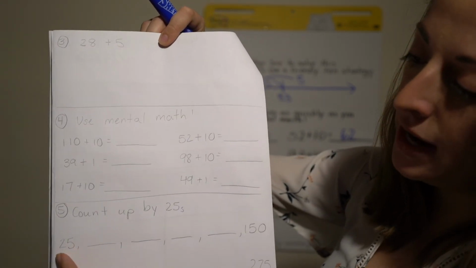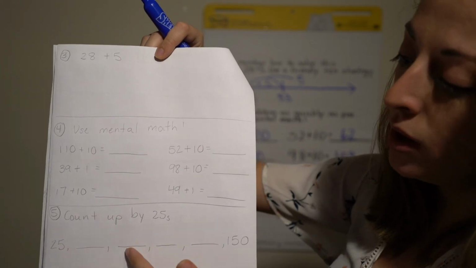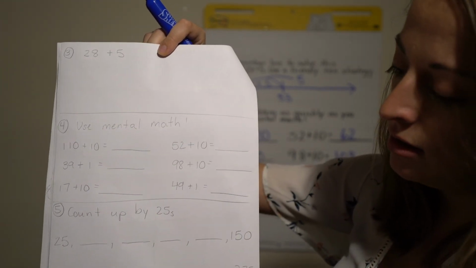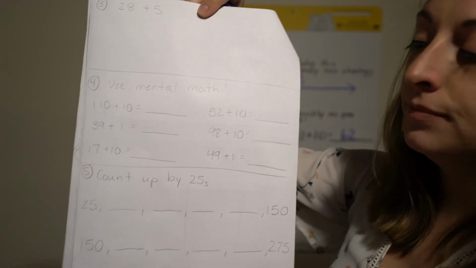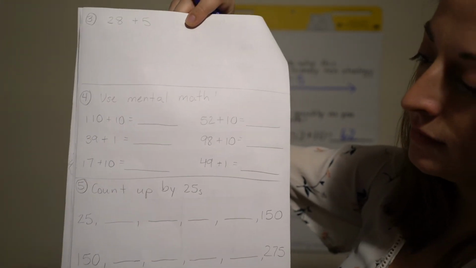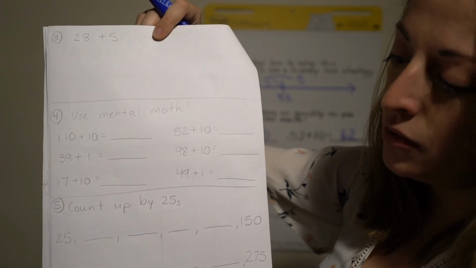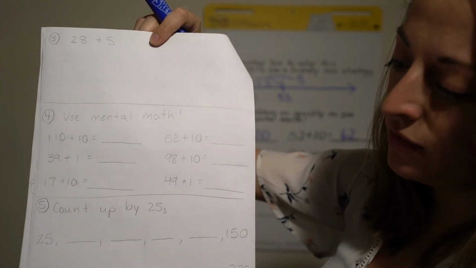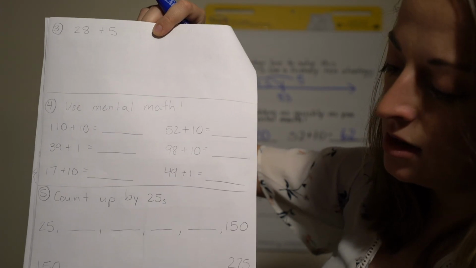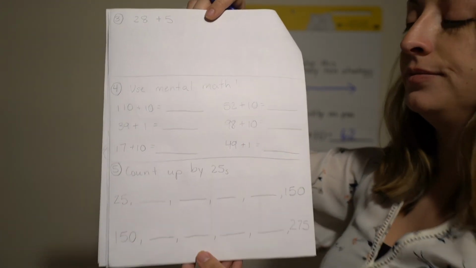For this first one, you're writing 25 with 4 blank lines, and then 150. And then below that, you're writing 150 with 4 blank lines, and then 275.